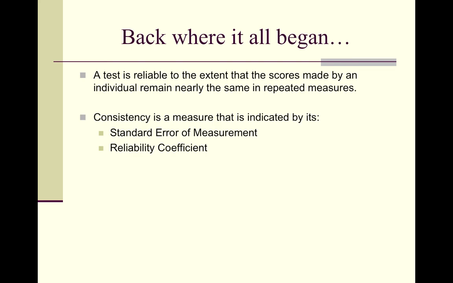Consistency is indicated by the standard error of measurement and the reliability coefficient. The standard error of measurement, to me, is a measurement of reliability across the individual, across the subject, whereas the reliability coefficient is specific to the test.